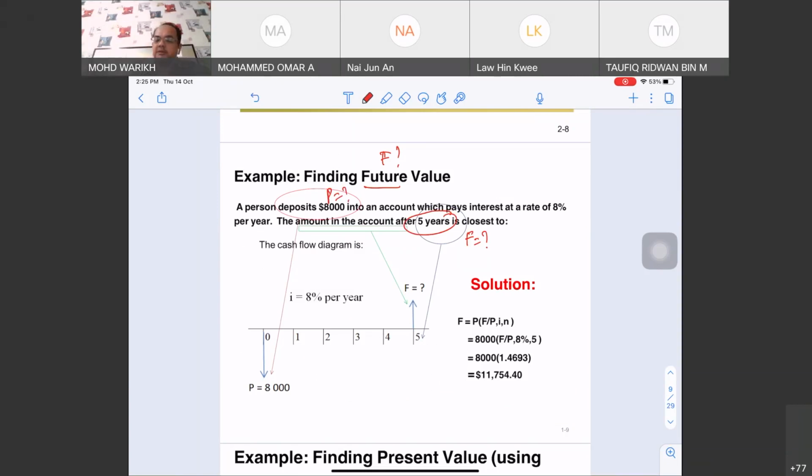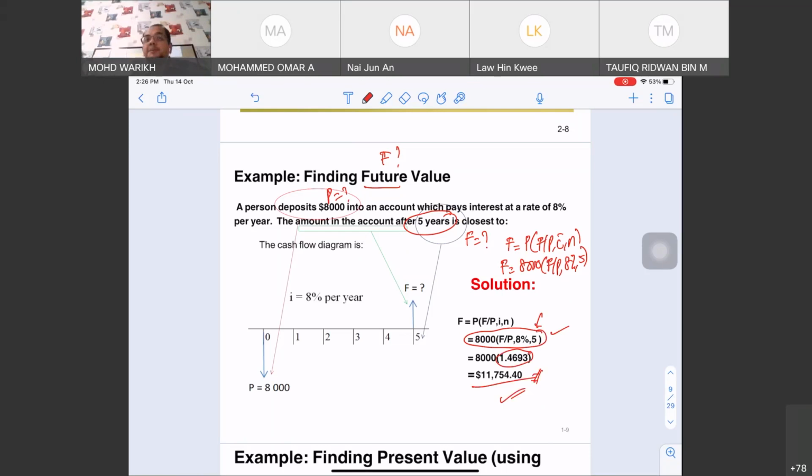That means F equals P, F over P, I, N, or F equals 8,000 ringgit, F over P, I is 8%, N is 5. Same as this one. Then from this information, refer to the tables, you get this number, and again, get the answers.